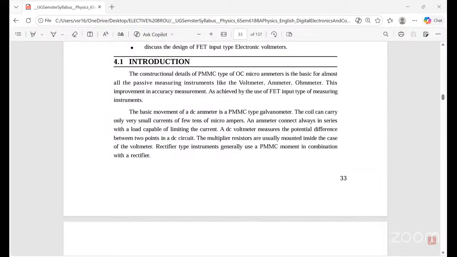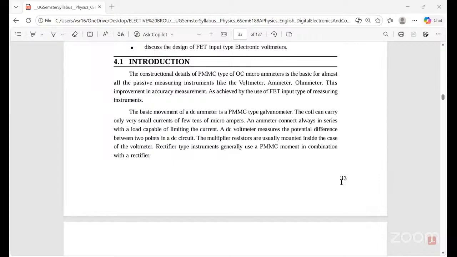So the construction details of PMMC type of DC microammeter. Micro means 10 power minus 6 amperes. It is the basis for almost all passive measurements like voltmeter, ammeter, ohmmeter. These are the passive instruments. So there may be improvement in accuracy of measurements, and this can be achieved by the use of the field effect transistor input type of measuring instruments.